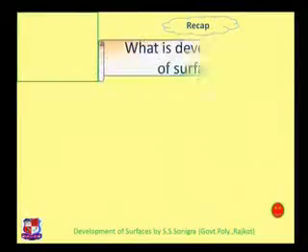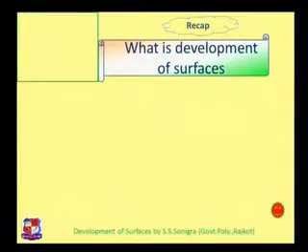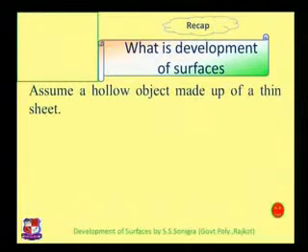First we do revision. What is the development of a solid? Assume a hollow object made up of a thin sheet. For example, this is a thin sheet. We made a hollow object from this sheet like this.